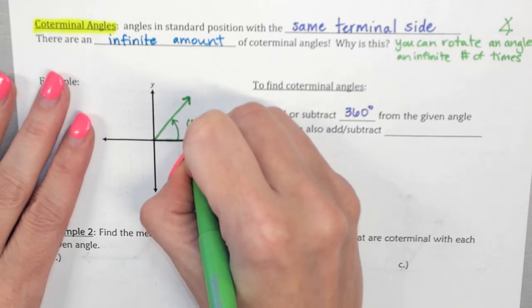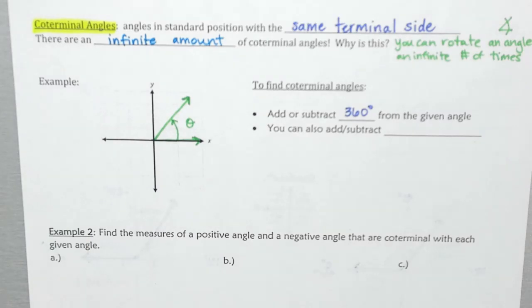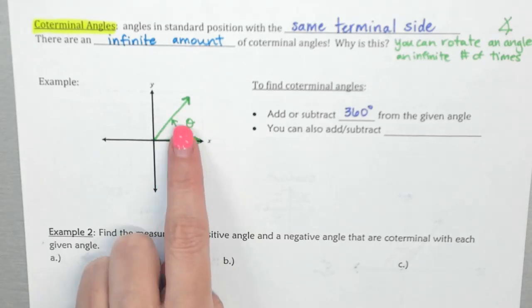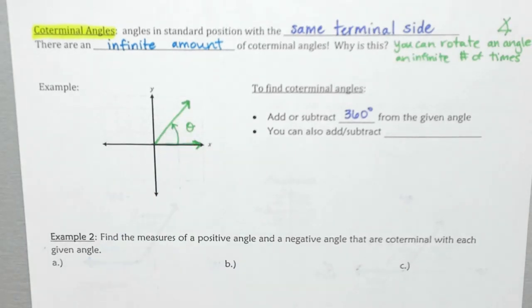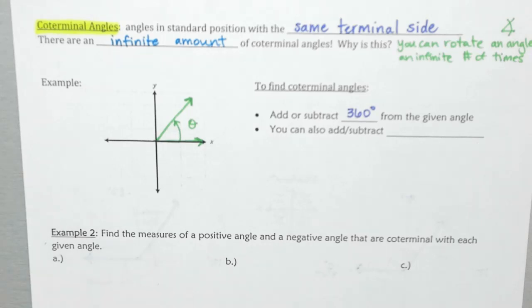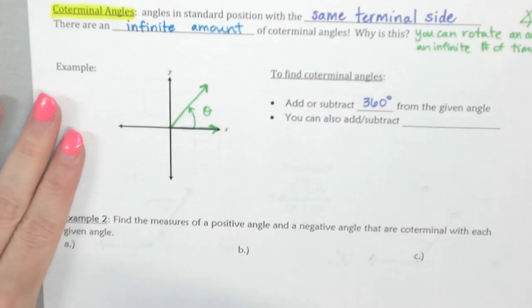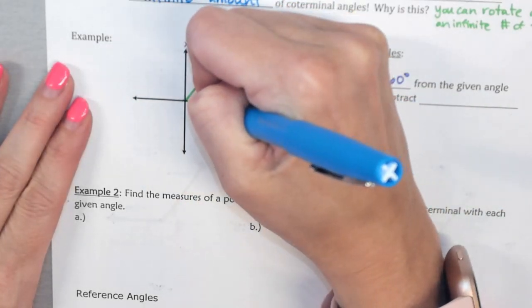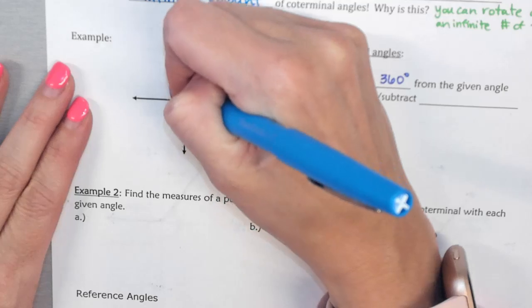Okay, so this is going to be your theta value. Remember, this is the initial side, this is the terminal side. If they have the same terminal side, you can draw another angle with the same terminal side just by going the other direction.